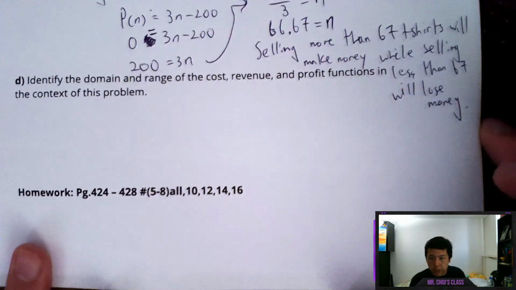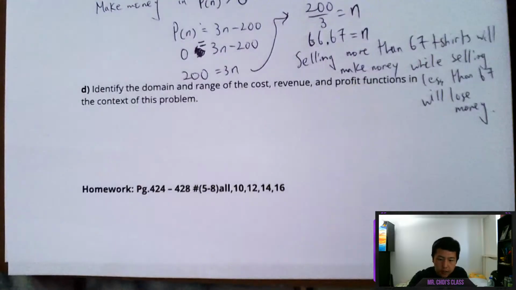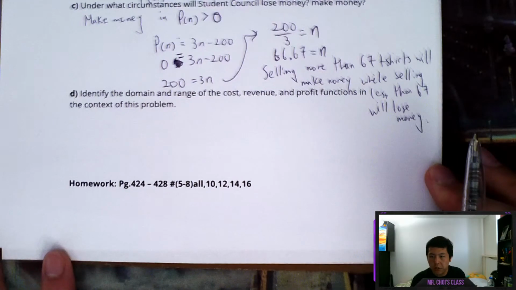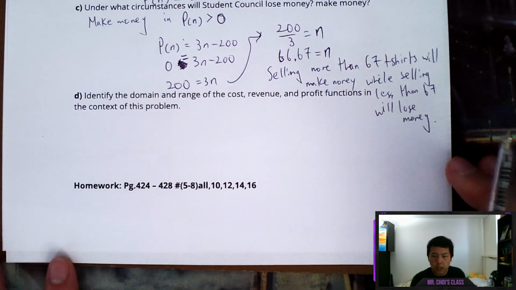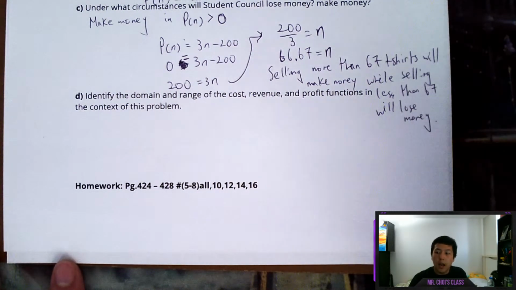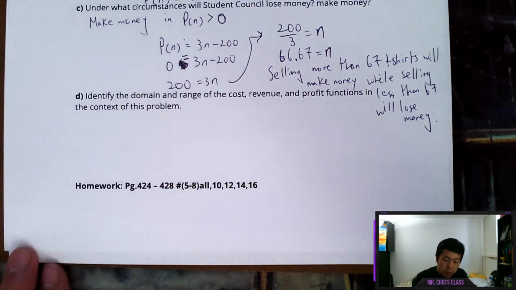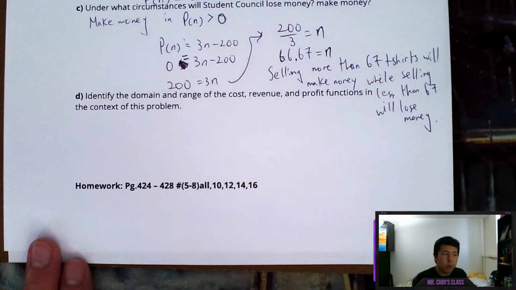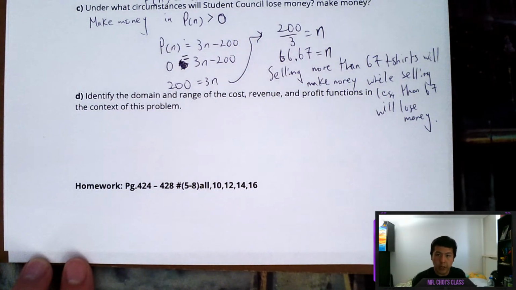And our final question here, identify the domain and range of the cost, revenue, and profit functions in the context of these problems. So domain, range, so on and so forth. When we talk about application problems, you want to talk about practical domain and practical range.